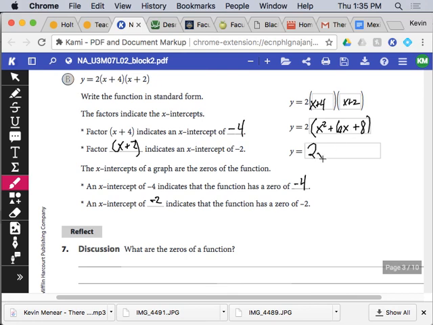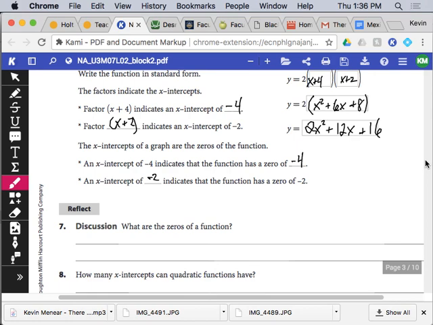Distribute in that 2. We get 2x squared plus 12x plus 16. Okay.